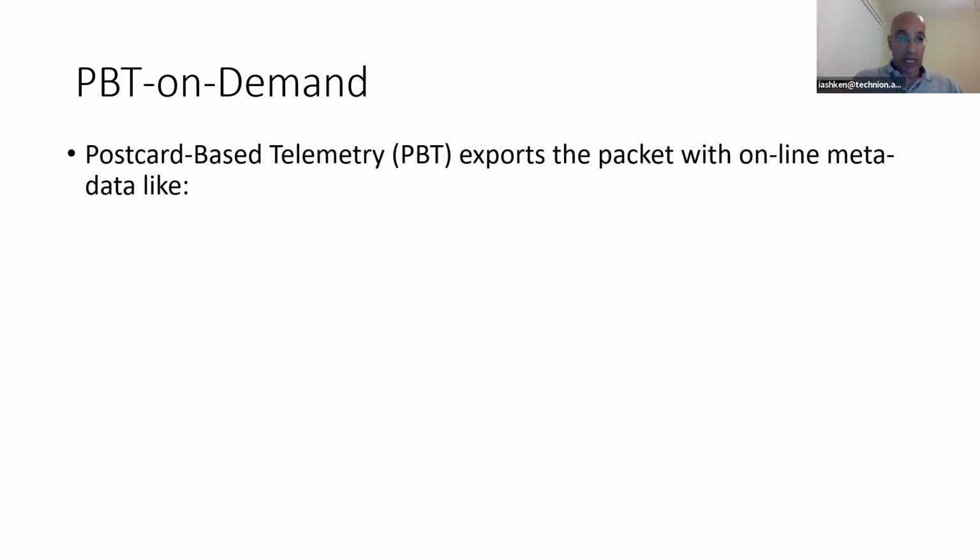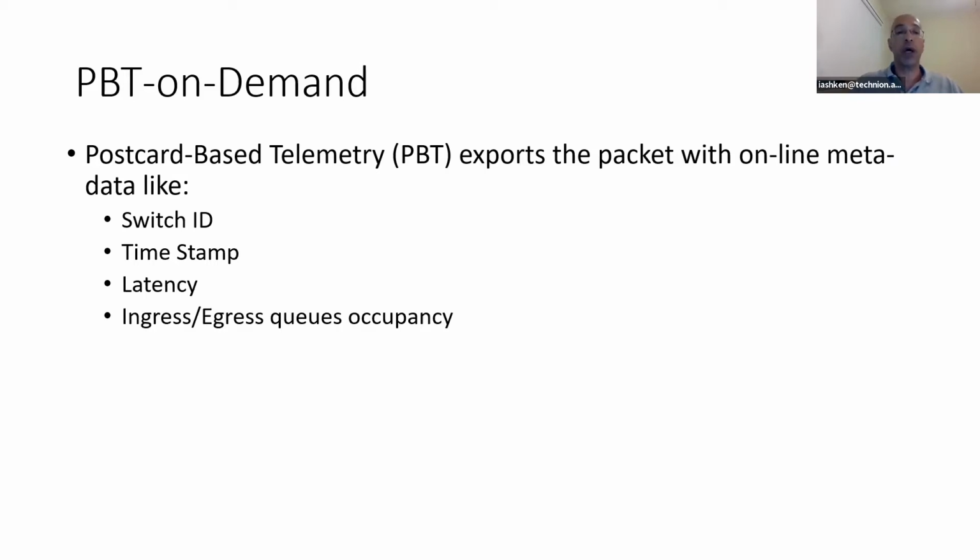Postcard PBT, which stands for postcard-based telemetry, uses the basics of the sampling on demand, and exports with the sampled packet additional online metadata information, like the switch ID where the packet has just traversed, timestamps of the ingress and the egress of the packet, and the latency, how much time it took the packet to pass through the switch.